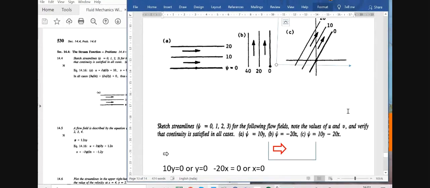Now all of you look at the third problem. All of you note this third problem. Psi is equal to 10y minus 20x.